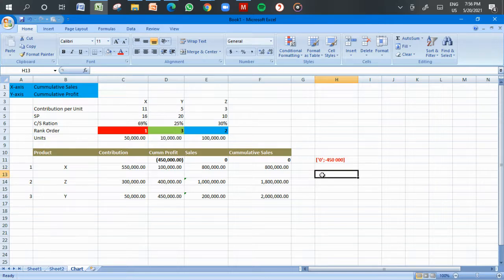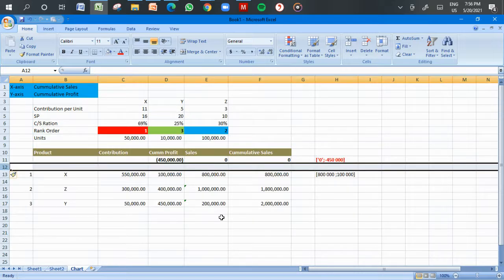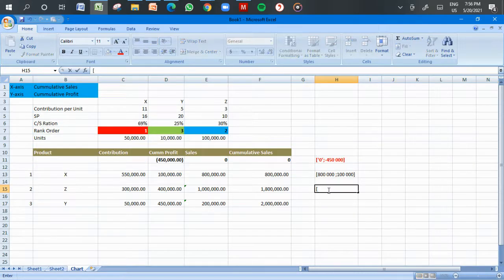The second coordinate will be simple. It will be our 800, which is cumulative sales. Then on the y-axis, we'll put cumulative profit at this level, it's 100,000. Then the third point will be cumulative sales, that's 1.8 against 300,000.